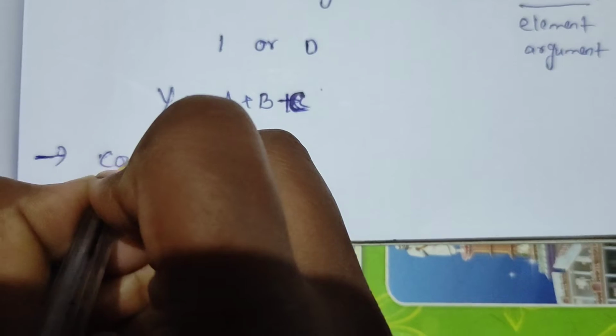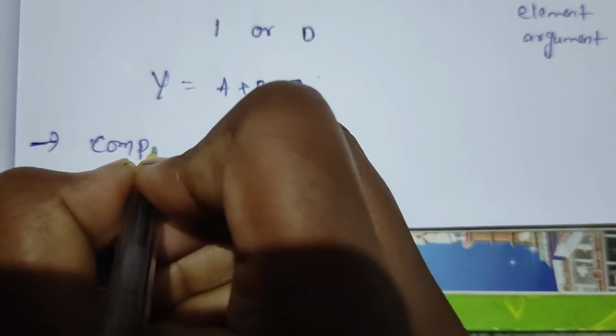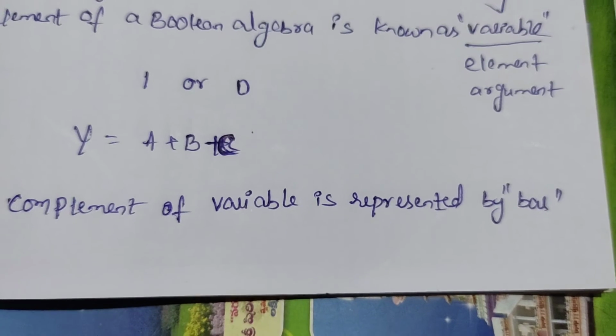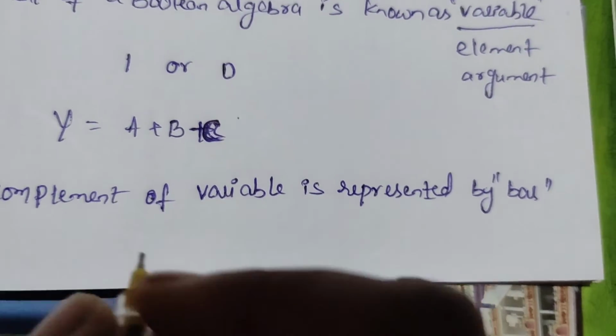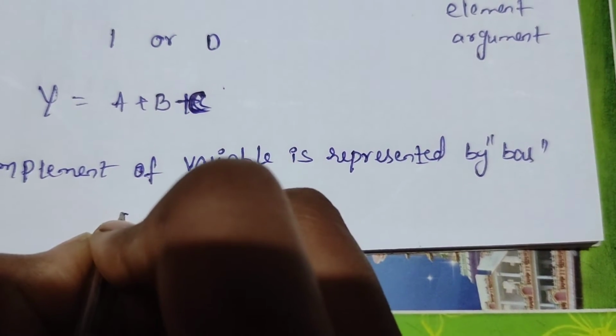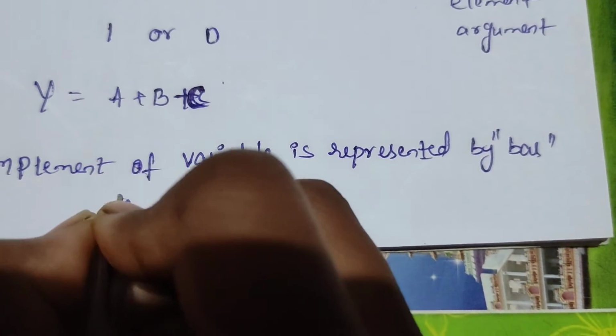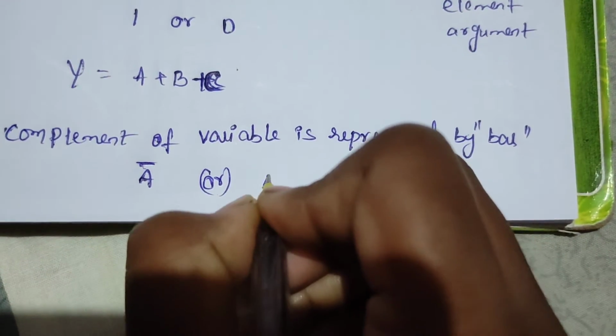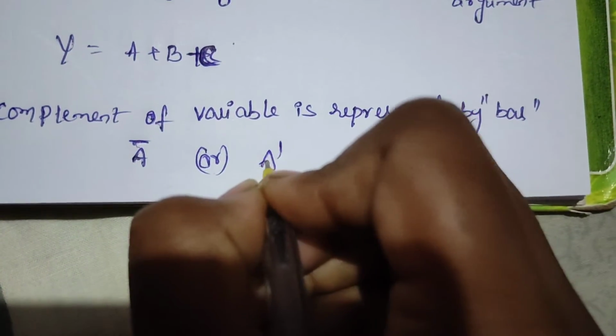The complement of the variable is represented by a bar. For example, the complement of variable a is denoted as a bar, or it can be represented with the prime symbol, a dash.